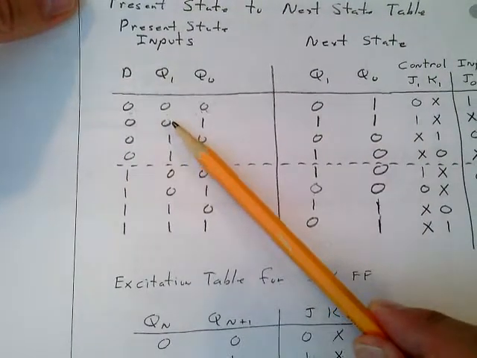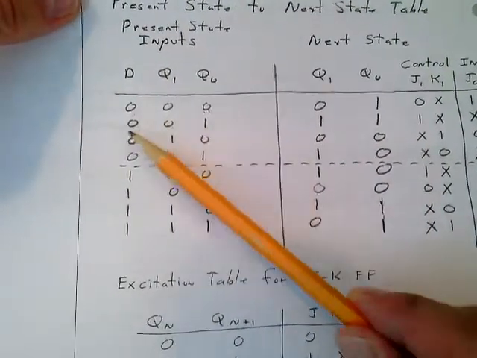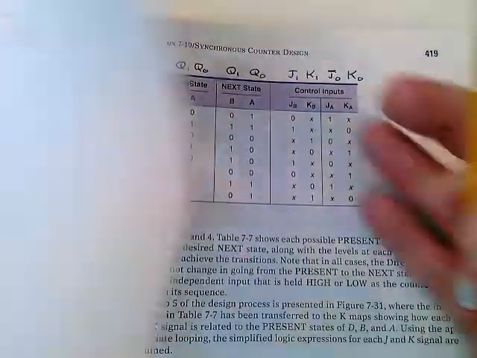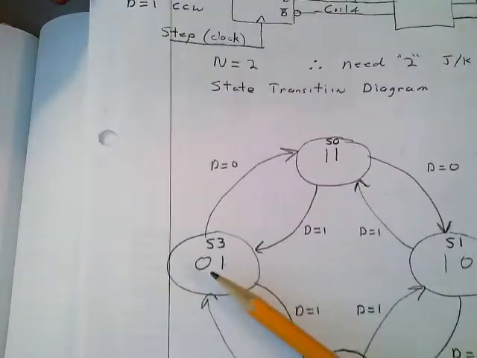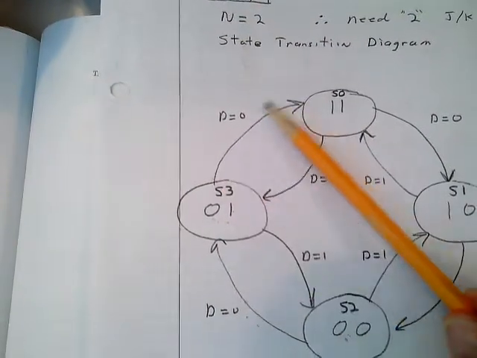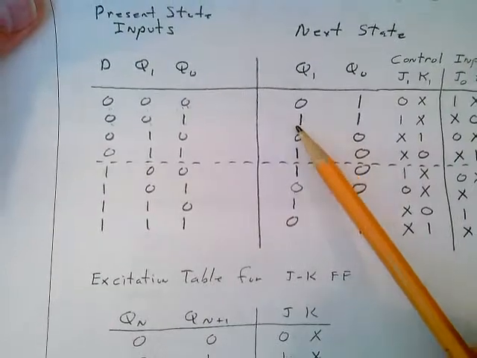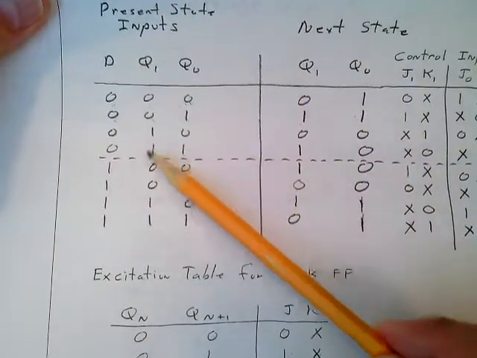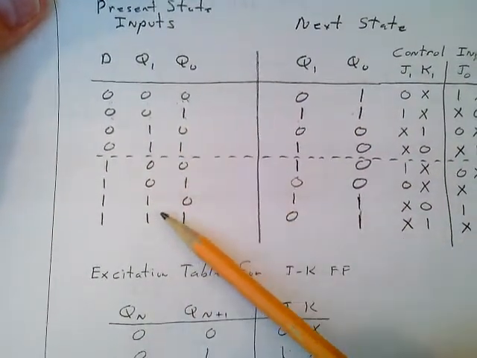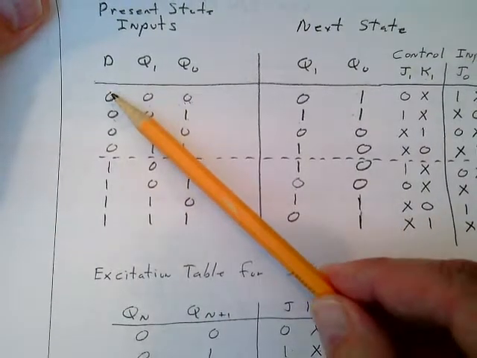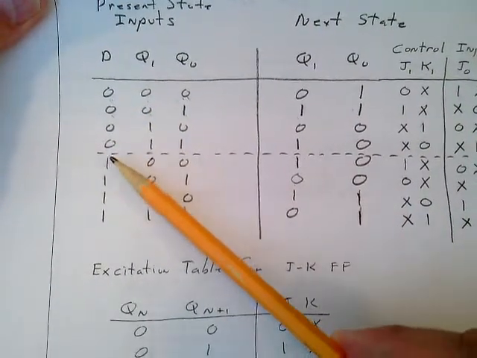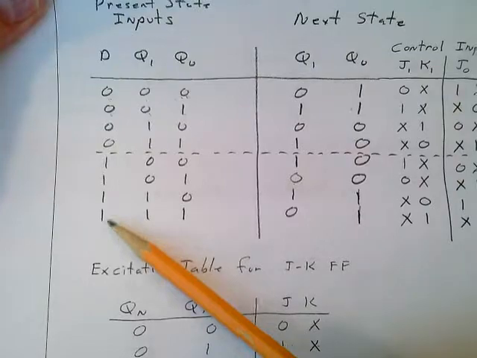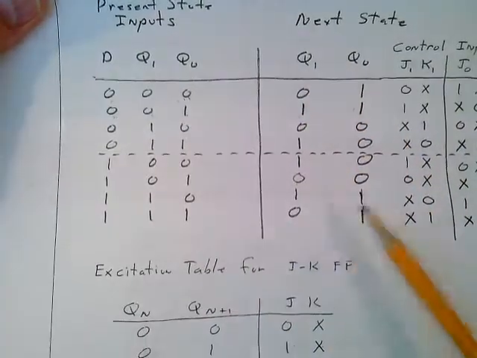And what if you're in state 0, 1 and the directional input is 0? If you're in state 0, 1 and the directional input is 0, you go to state 1, 1. And you go back here and you'll see that. You go to state 1, 1. And you go through each one of these very carefully. Notice the first 4, D equals 0. The last 4, D equals 1. And you get to your next state.